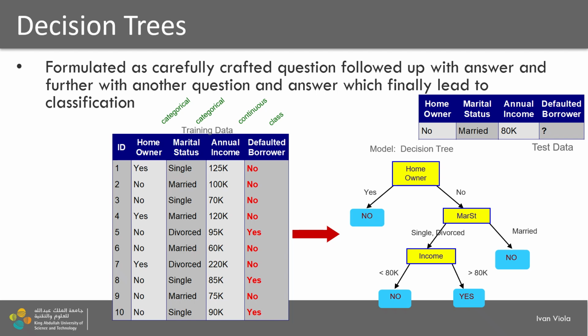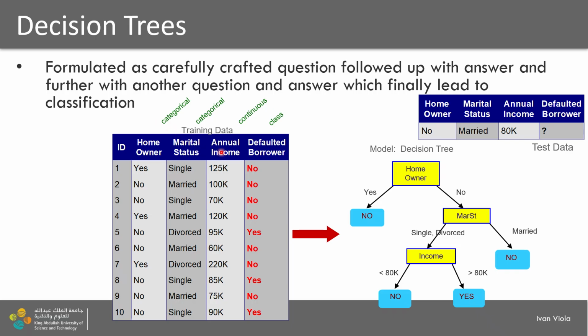Therefore, the organization of the rules, if you like, into these decision trees might make it easier to manage the mutual exclusiveness and exhaustiveness properties. So let's have a look at how these decision trees work.